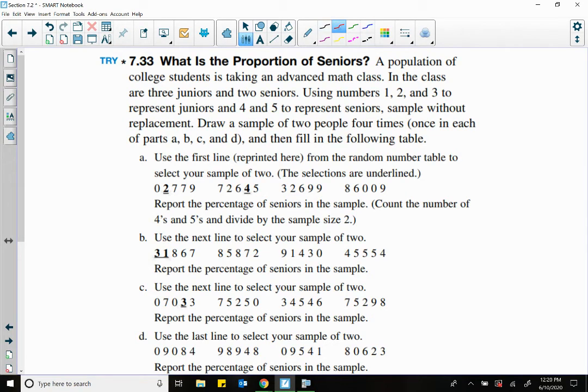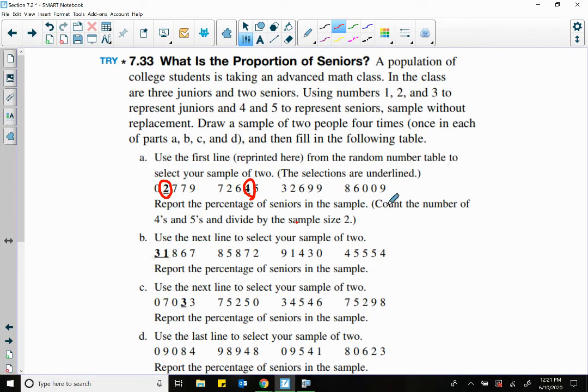So in part A, it says use the first line reprinted here from the random table to select your sample of 2. You know the selections are underlined. So we selected 2 and 4. They want you to report the percentage of seniors in the sample.